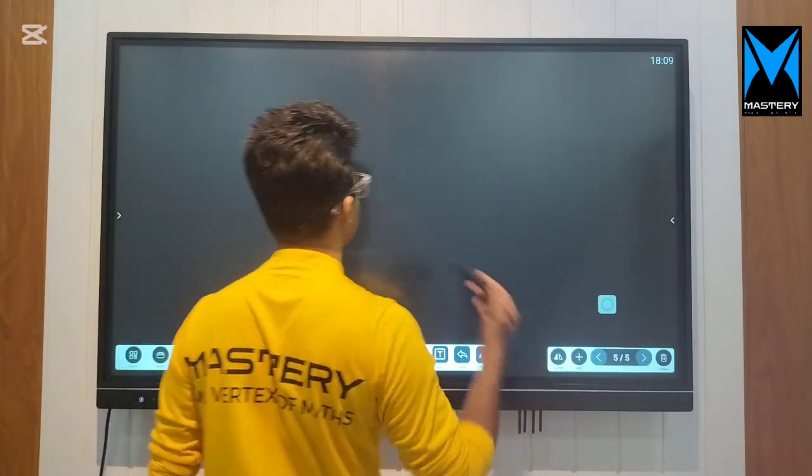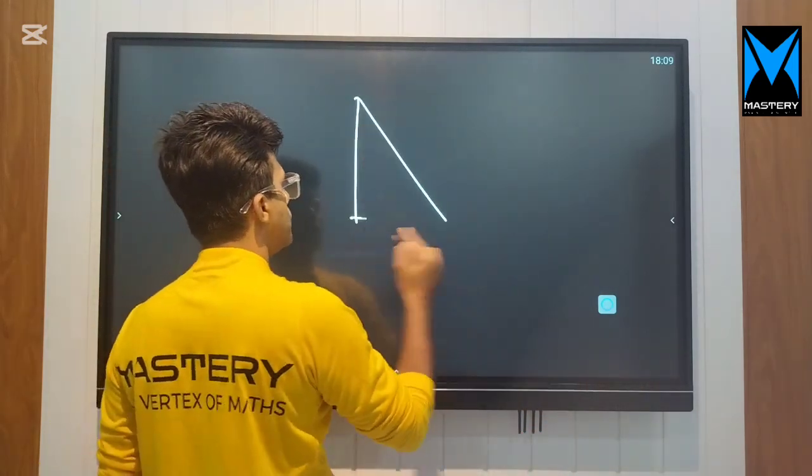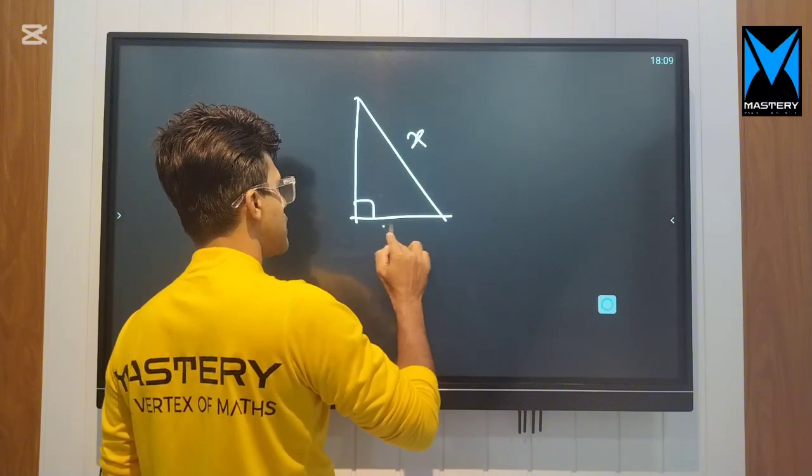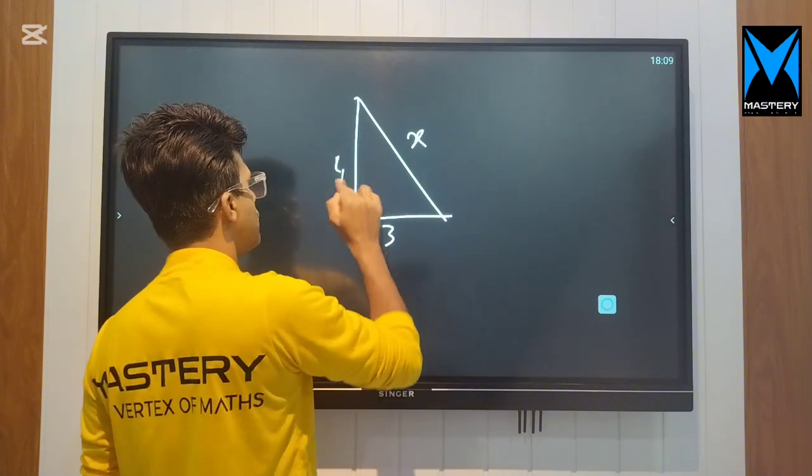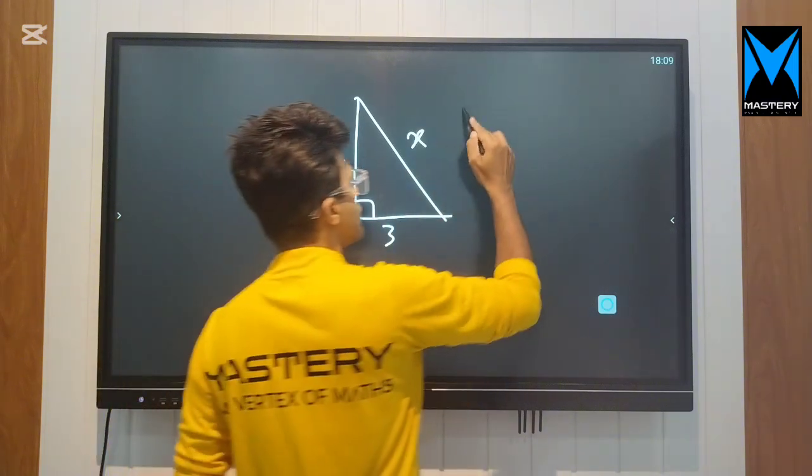Now think of this one. This is x, this is 3, this is 4. We are able to get the value of x here.